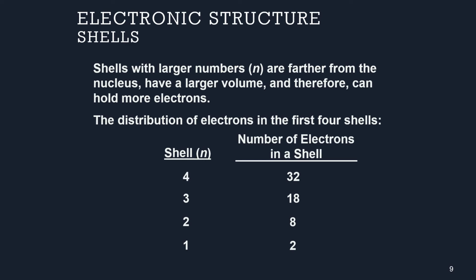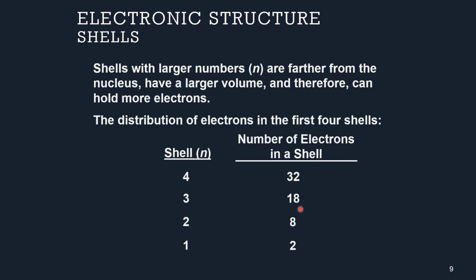All right, so when we look at the first 4 shells, first 4 of those spaces around the atom, you can see the number of electrons that can be held in each shell. So for our first shell, the one that's closest to the center of the atom, we can only have 2 electrons. In the second shell, you can have 8.